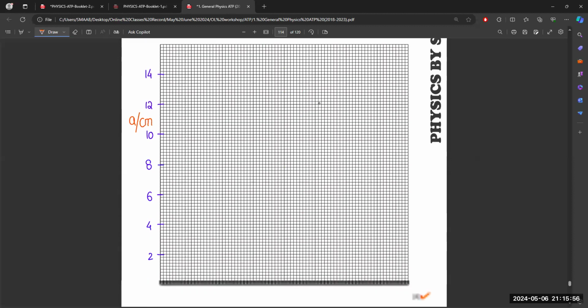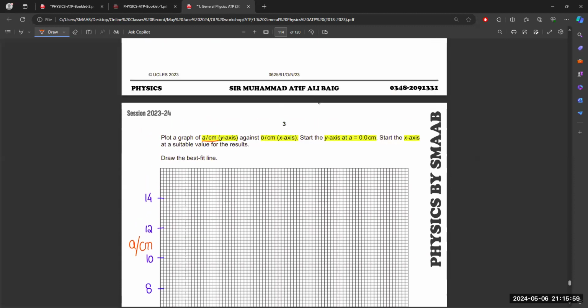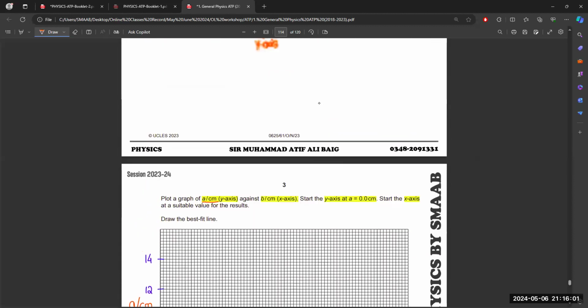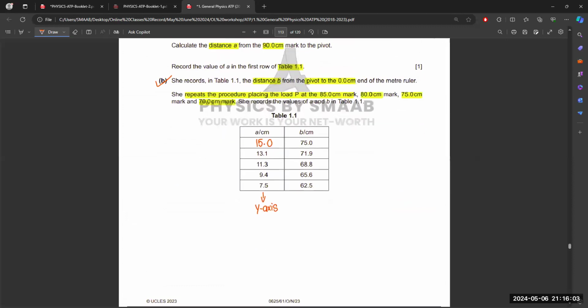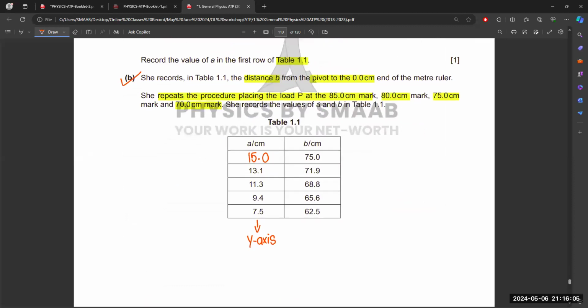And on the x-axis, there is no restriction, it's up to you. You can see the minimum value on the x-axis is 62.5. So starting from 0 is not recommended, because from 0 till 62 there is nothing. So if it's your choice, you can start your graph from 60, right?